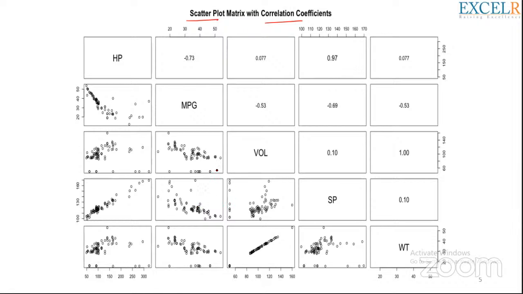Let's say I want to find the scatter plot between MPG versus SP. I can draw a line from MPG and a line from SP, and where these two lines intersect, that is the scatter plot between MPG versus SP.